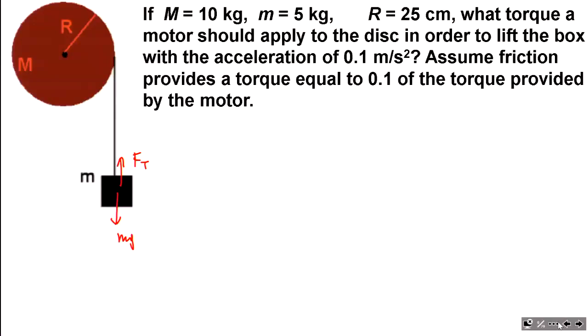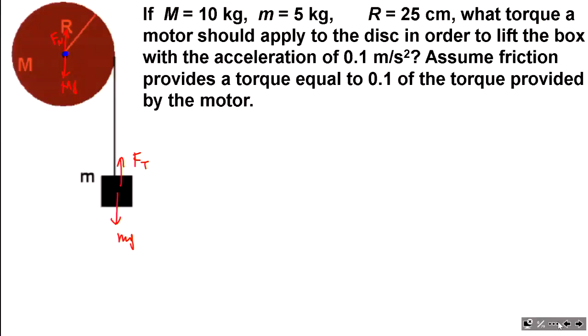Here, forces and torques acting on the disk. And again, there is force of gravity and a normal force, which don't really matter. Of course, we choose the axis of rotation at the location of the physical axis, so neither of these two forces has any torque relative to this axis.